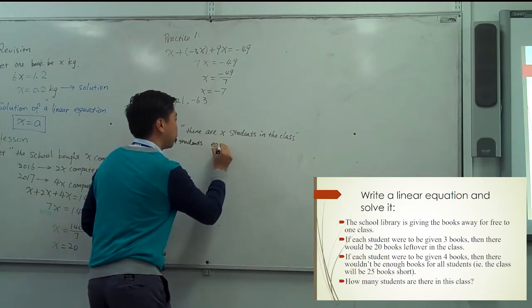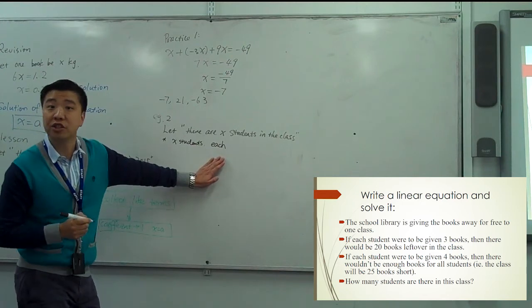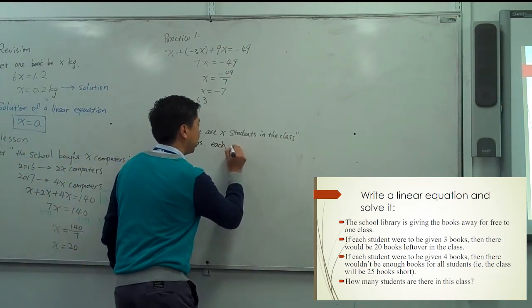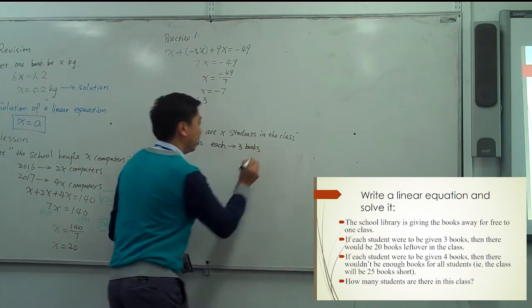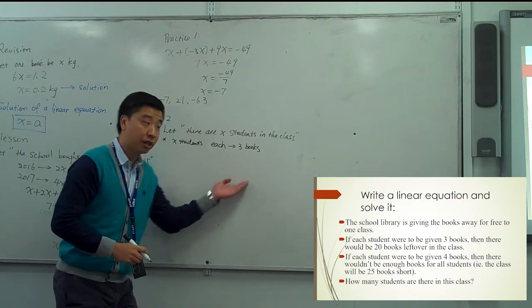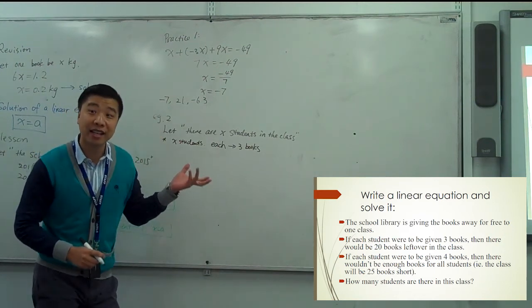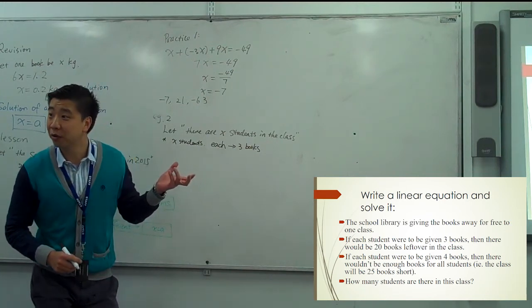Now, how many books will be given to each student? 3. Each student, 3 books. How about X students? 3X lots of books.